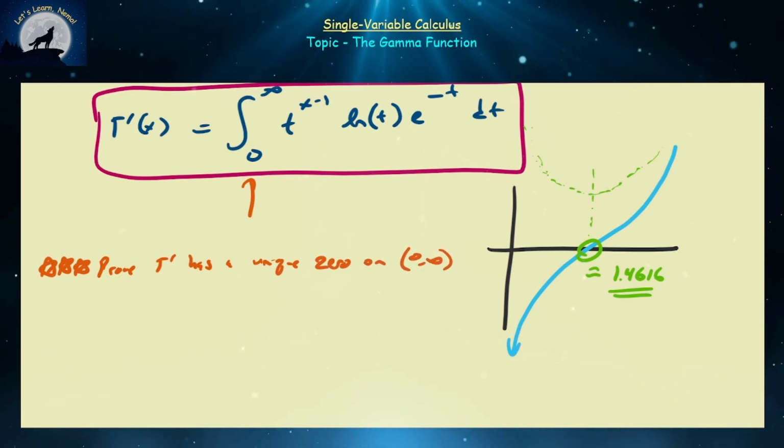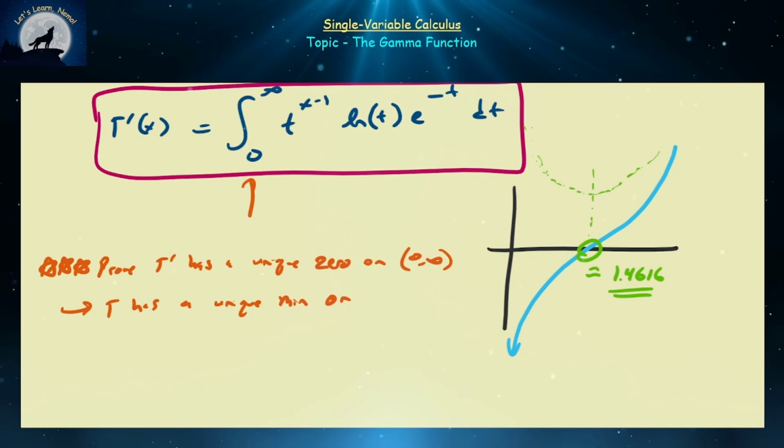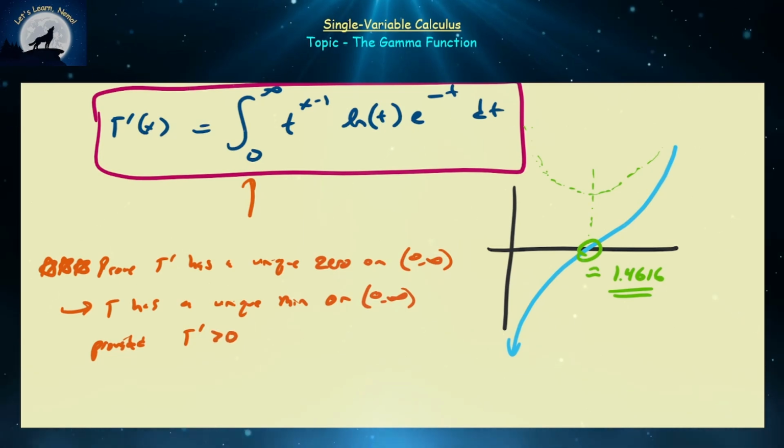And this obviously would prove that gamma has a unique minimum on 0 to infinity. Actually, we can say that it's on 0 to infinity because it's definitely a convex function. So that's the gamma derivative, or the derivative of the gamma function.